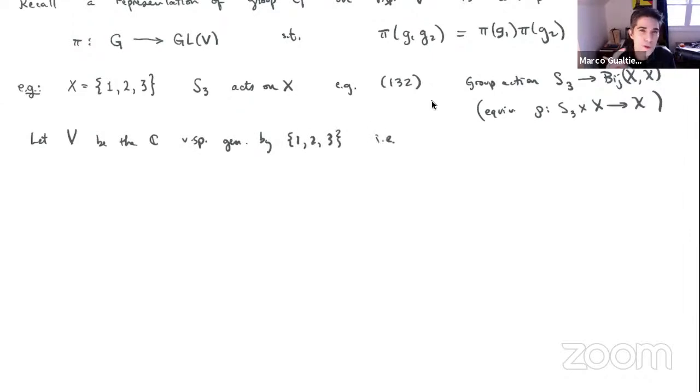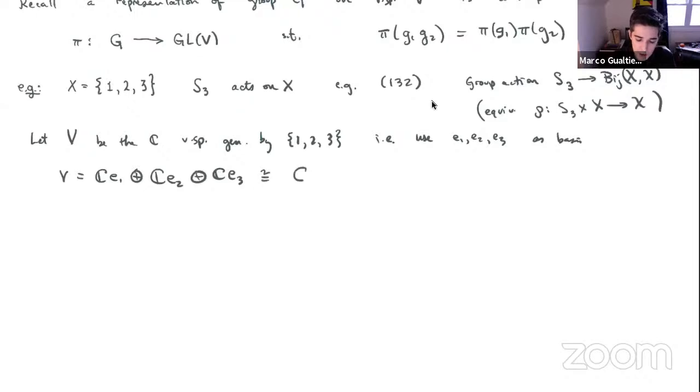I.e., I'll introduce a basis element, one for each of the elements of the set. So we'll use e1, e2, e3 as a basis, and then V is just any complex number times e1 plus any complex number times e2 plus any complex number times e3. And we have a complex vector space of dimension 3.